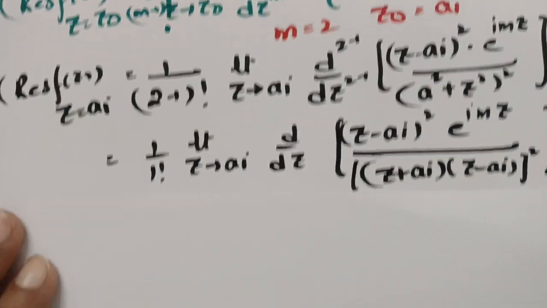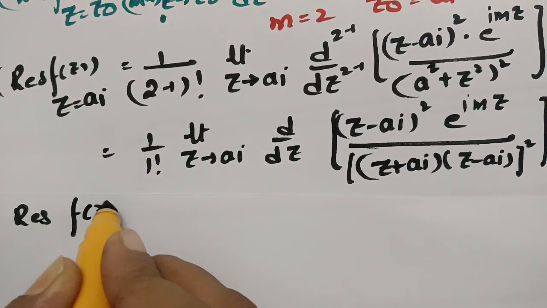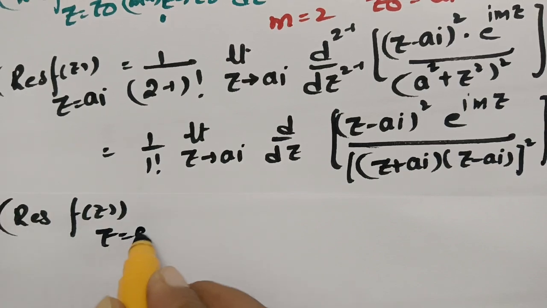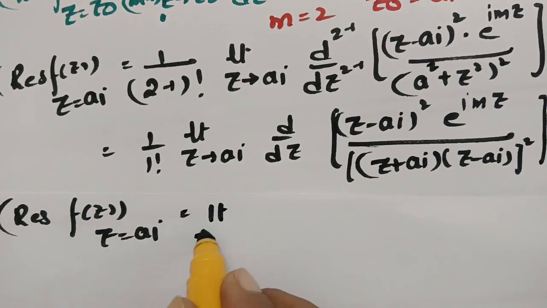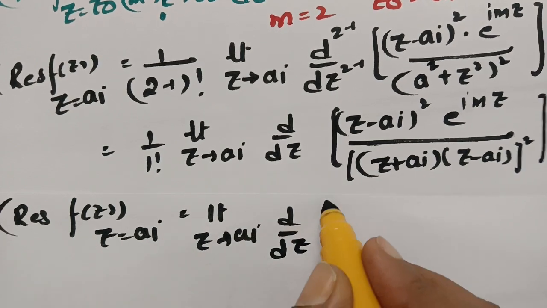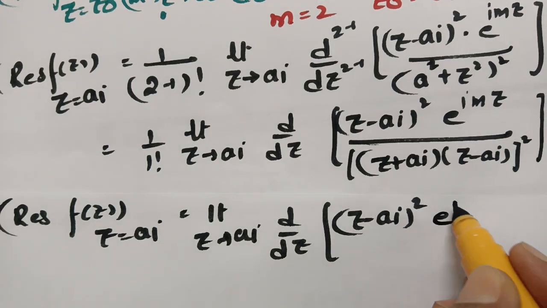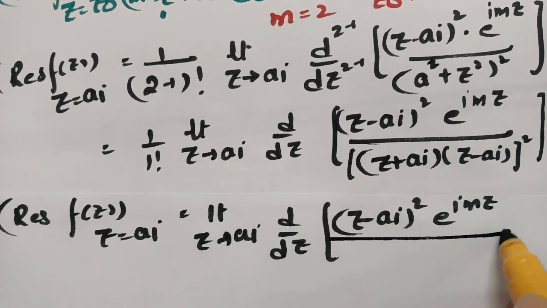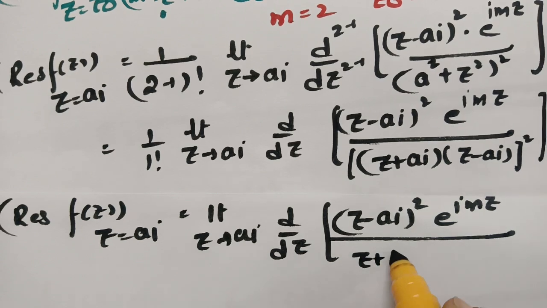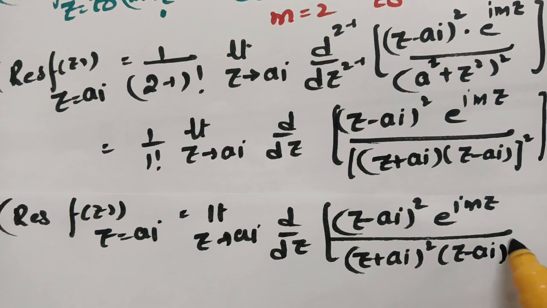So the residue of f of z at point z equal to ai is nothing but limit z tends to ai of d by dz of z minus ai whole square e power imz by, and this is nothing but z plus ai whole square into z minus ai whole square.